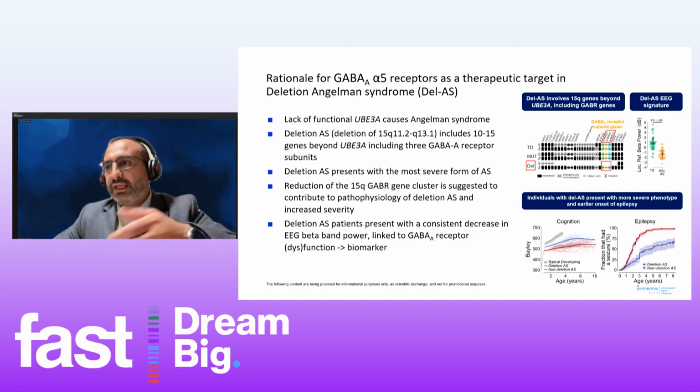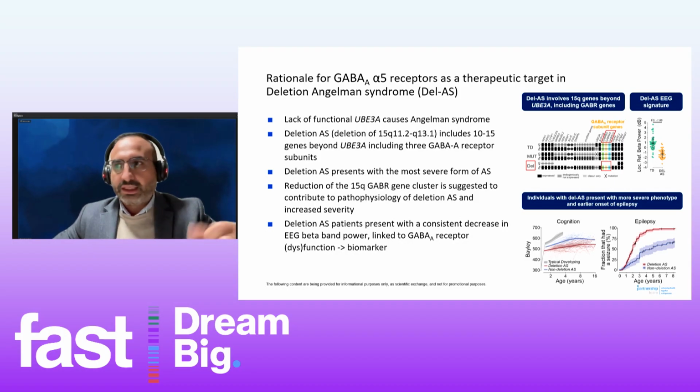In addition to the clinical severity observed in deletion Angelman syndrome patients, they also present clinically with a consistent decrease in the EEG beta band power.